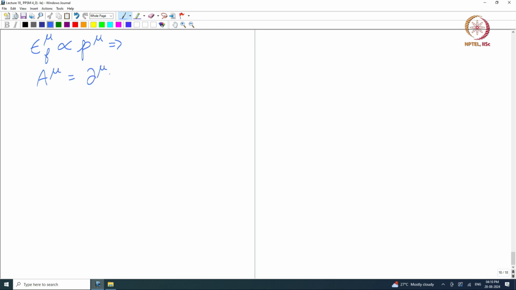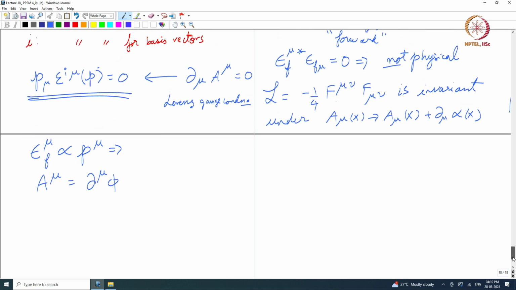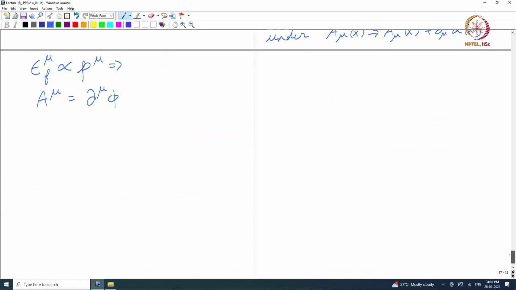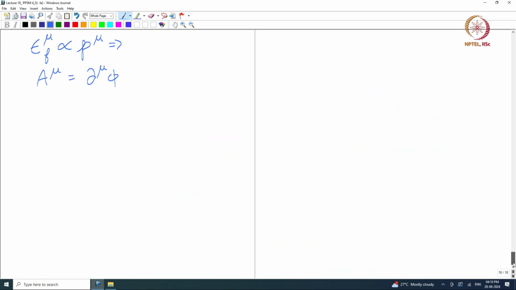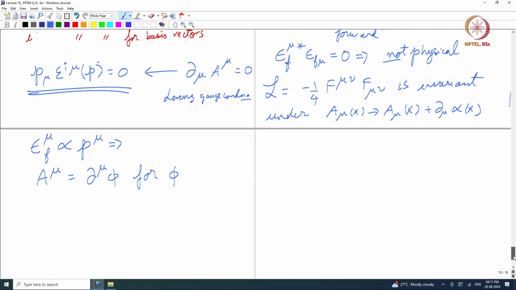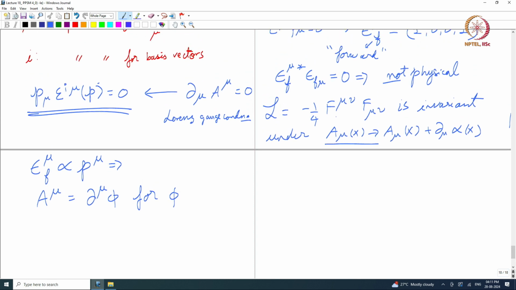Why? Because a mu is after all written in the basis of e mu's, and that means if a polarization is proportional to the momentum, what is the momentum? The momentum after all comes from a 4 derivative, correct. I can always write a mu as some 4 derivative of a scalar field phi, in which case look at this condition.